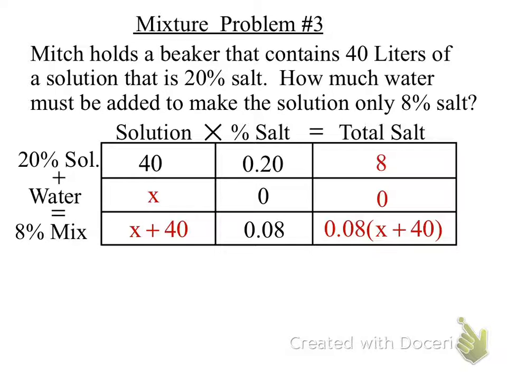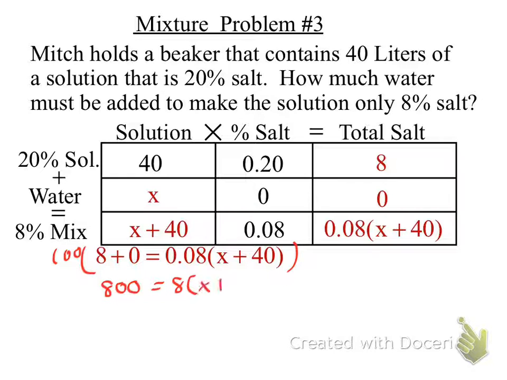My equation is 8 plus 0. And now I'm probably going to clear out that decimal because I can't stand them. Multiply by 100. And I get 800 equals 8 times x plus 40. 8x plus 320 equals 800. Subtract 320.